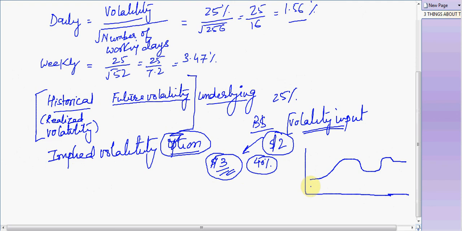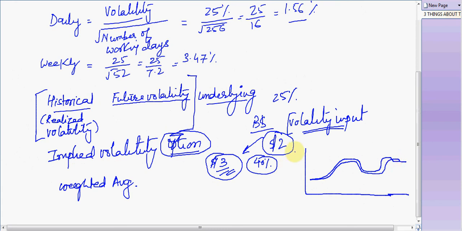What happens is that different people use different criteria, and this is mostly a weighted average, depending on the greatest weight being given to at the money options, then out of the money options, and this implied volatility curve is drawn using this weighted average.